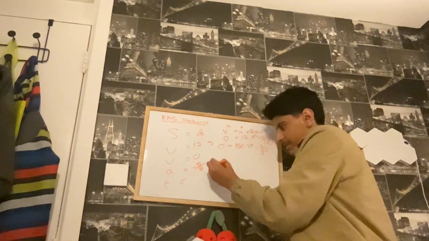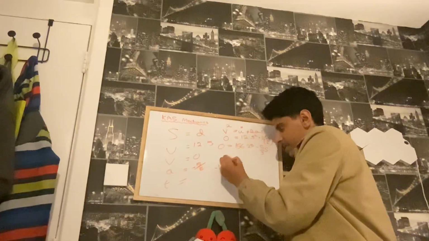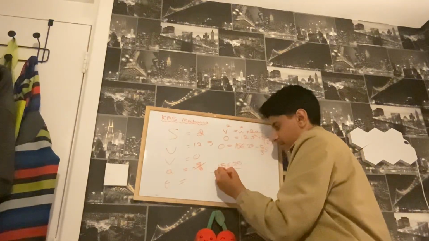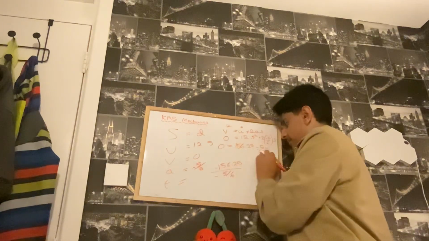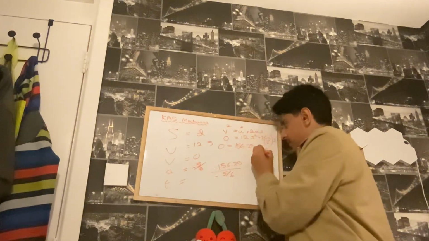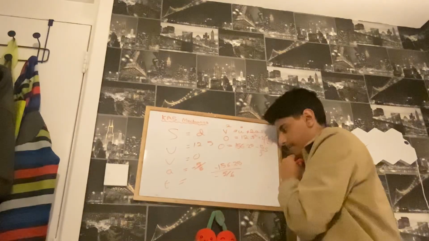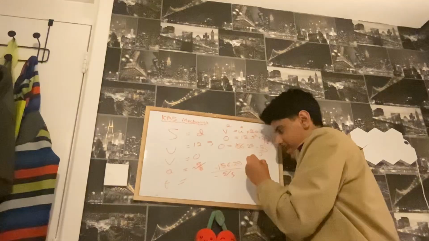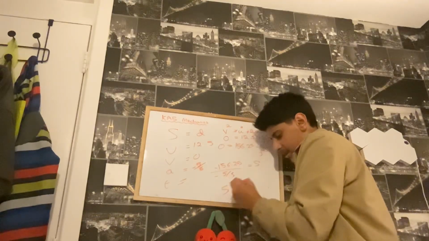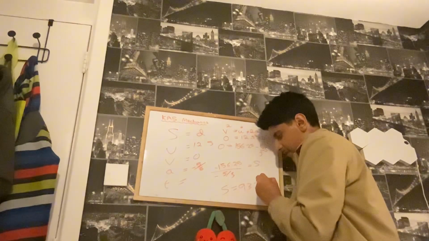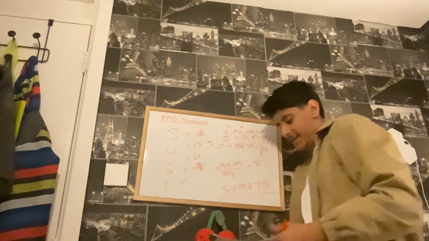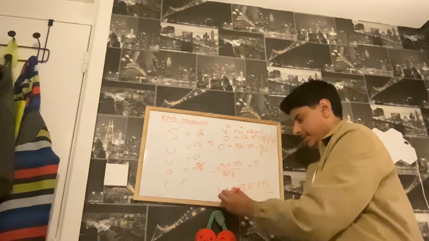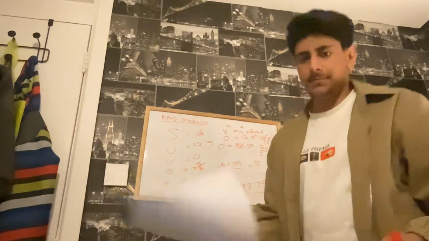Pop that on the other side, we get minus 156.25, and you also divide over here, we get minus 5 over 3, because you times that by 2. And you get s, and s is 93.75. That's your solution, guys. Not really s, actually. We were trying to find d. So d is actually that, meters.